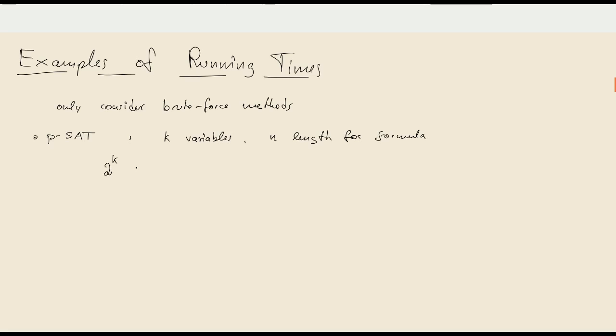As I mentioned before, we have 2 to the k candidate solutions. So the search space for the possible certificates of a yes instance of a satisfiable formula is 2 to the k. And each can be checked in, say, linear time.